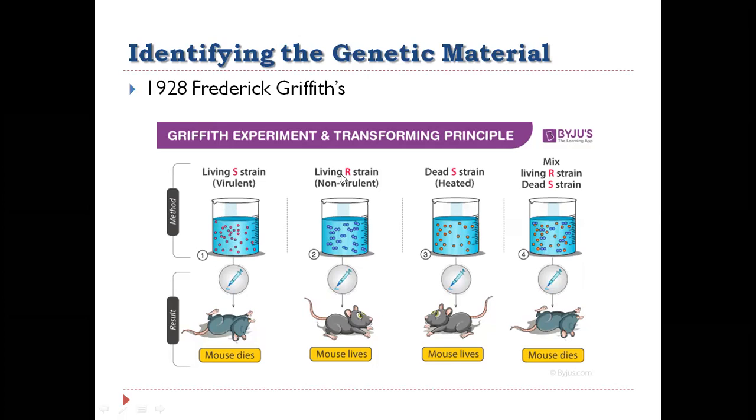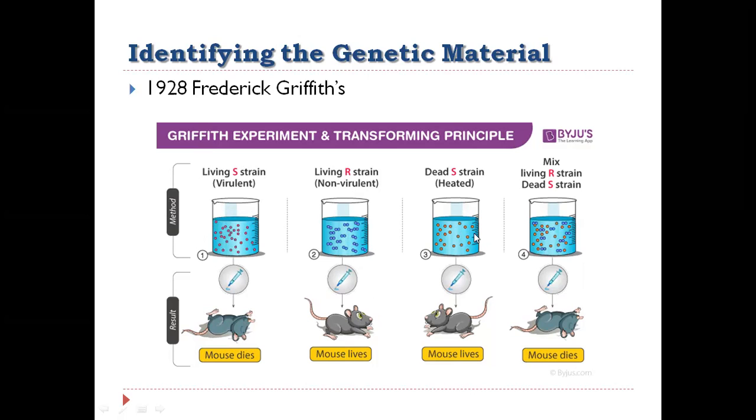So in the first experiment, in the first mouse, he injected the S strain into the mouse, and the mouse dies. Then he took a sample of the blood and he could observe S strain bacteria. Then in the second one, the mouse was injected with the R strain that was not virulent. In this case, this mouse lives.